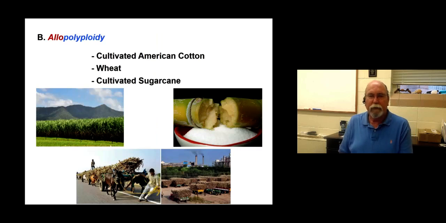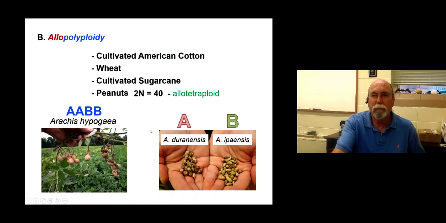Another form of allopolyploid is commercial cultivated sugarcane, which are grasses that we extract much of our cane sugar from. They're found all over the world, in different varietals, but it is an allopolyploid. And peanuts were very important in the southern United States after the loss of the cotton crops due to boll weevils. Many people converted over to growing peanuts in sandy soils.